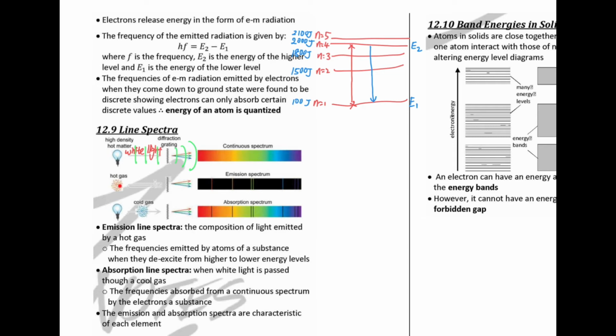You let the hot gas pass through a diffraction grating, and then the diffraction happens, and after that you can see lines at just some particular values only. Like for example, here you can see red, then here you can see yellow, here you can see green, blue, then maybe indigo and violet.